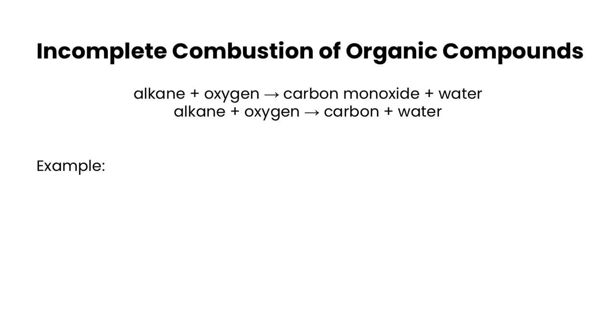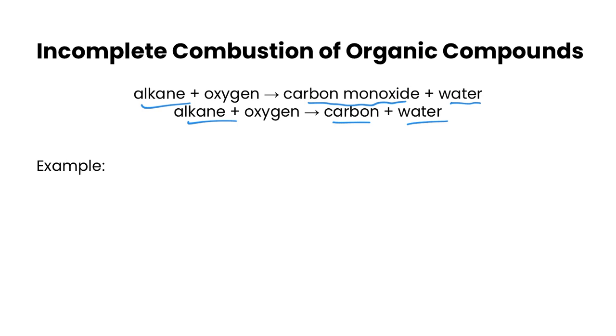Now, the other type of combustion that can happen is incomplete combustion of organic compounds. So you end up with kind of a mixture of different reactions and different products that are being formed here. So if you have incomplete combustion with your alkane, let's just underline those there. With oxygen, you can either create carbon monoxide and water or carbon and water.